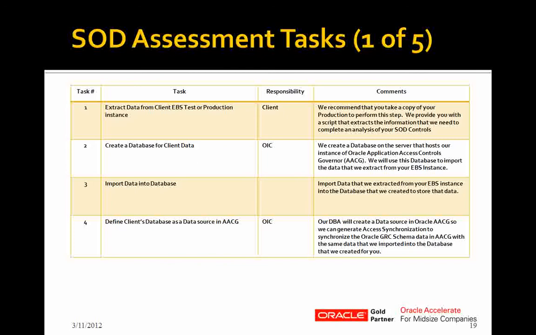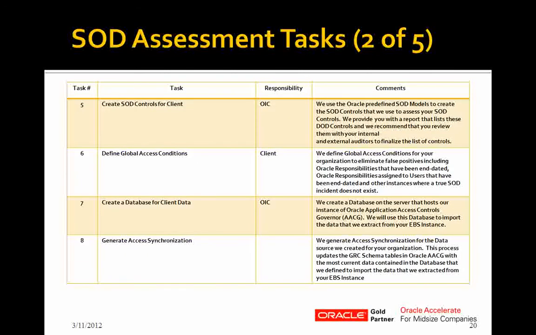We create a database for you on our own server to store this information that we extract. We import the data into the database, and then again, we make that link between that database and the Oracle Application Access Controls Governor so that we can do the analysis.